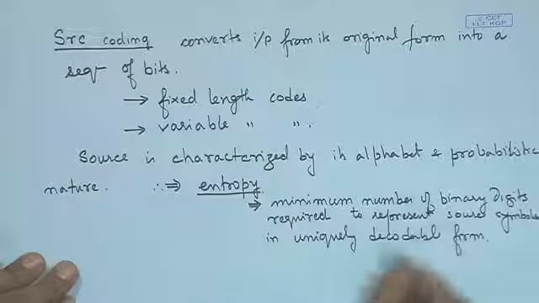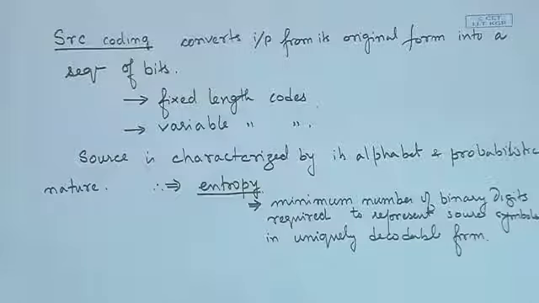We will see each one of these terms quite soon, what is meant by unique decodability, what is meant by the entropy, what is meant by the minimum, and so on and so forth. We will see all these details in the upcoming lectures.